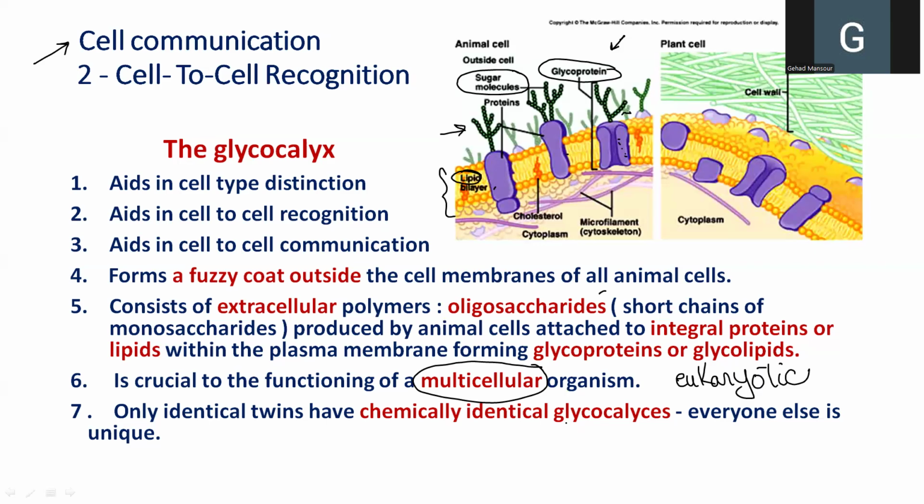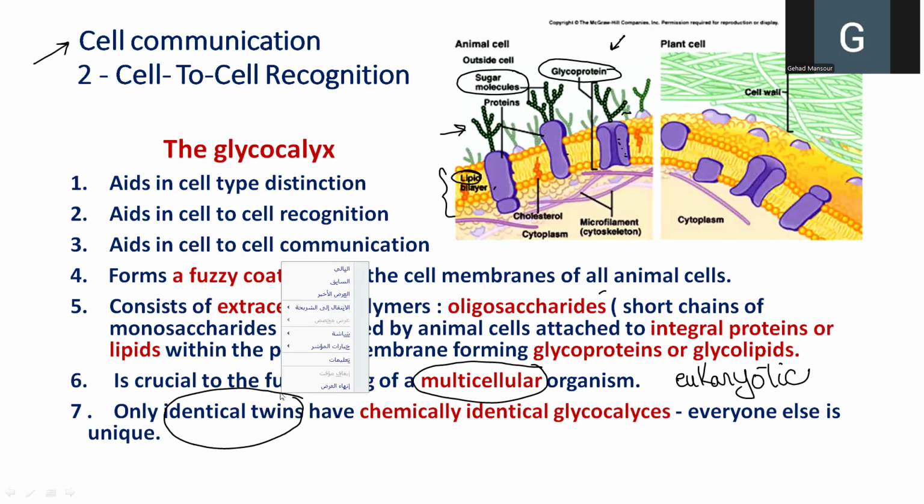And every individual has its own chemical structure of its glycocalyx, except for identical twins. So no 2 individuals on Earth can have exactly the same glycocalyx from the chemical point of view, except those individuals that are identical twins.